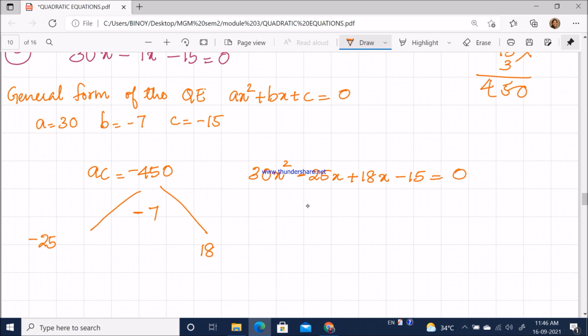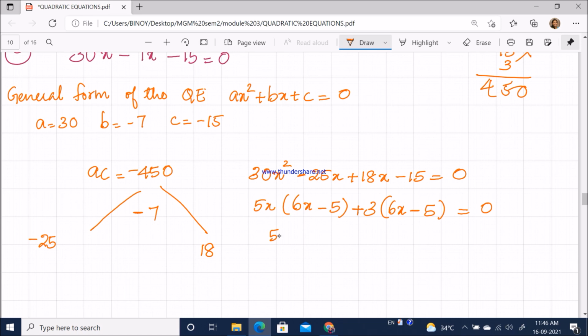So taking 5x out, so it is 5x into (6x minus 5) plus, we will take 3 out, 3 into (6x minus 5) equals 0.